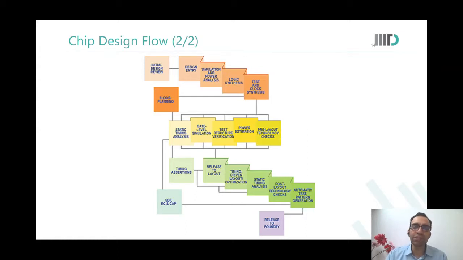In test structure verification, I'm putting the BIST into question and saying, is my memory working fine completely or not? Is my bank of flip-flops working fine completely or not, given whatever input set? Okay, so it's sort of like corner case testing.